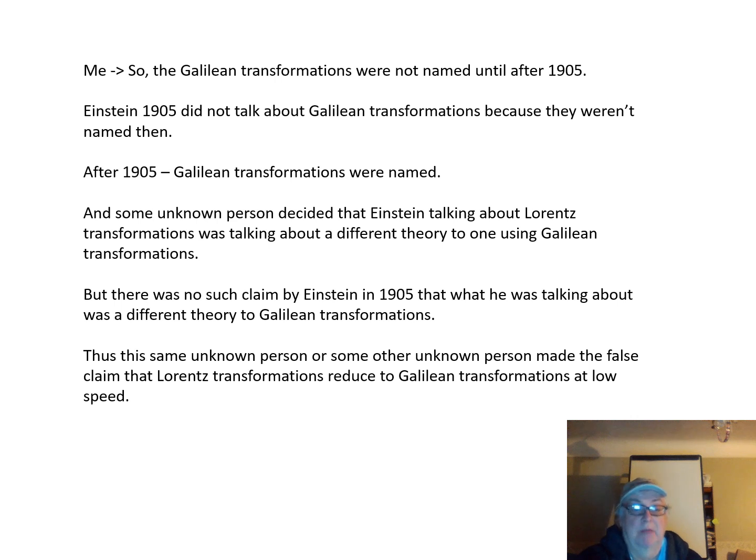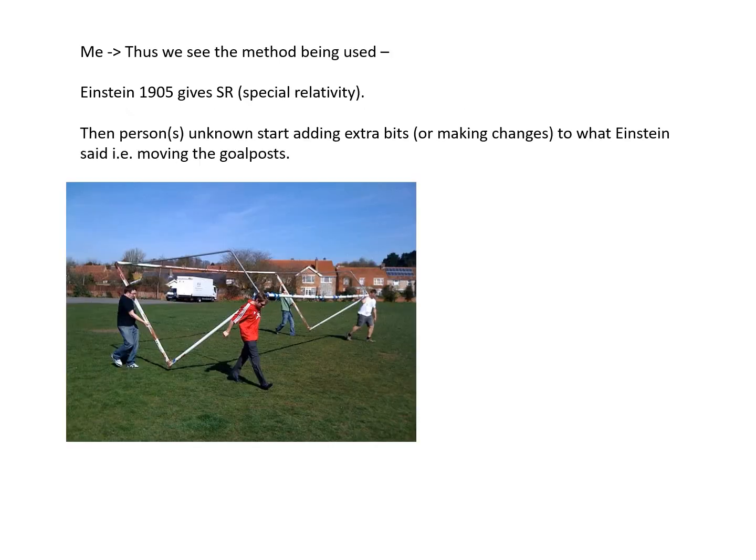But there was no such claim by Einstein in 1905 that what he was talking about was a different theory to Galilean transformations. Thus, this same unknown person or some other unknown person made the false claim that Lorentz transformations reduced to Galilean transformations at low speed, and that was not in Einstein's 1905 paper on special relativity.